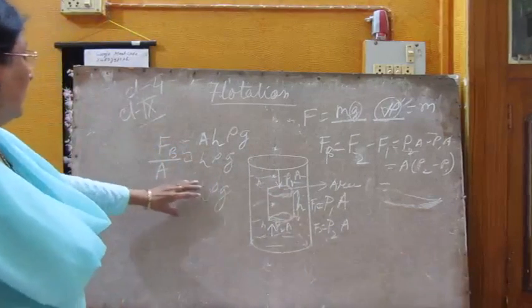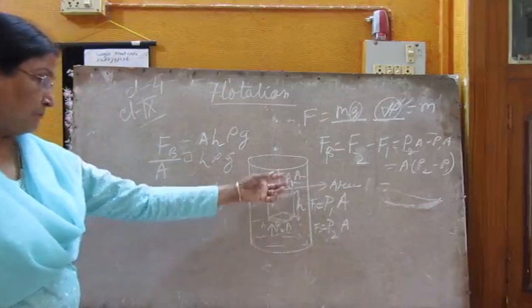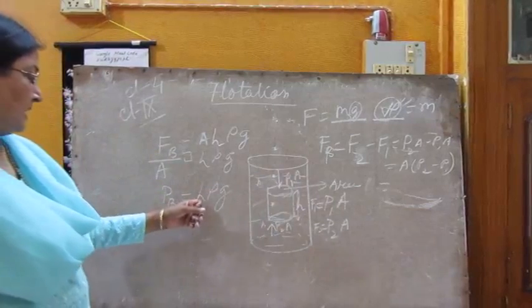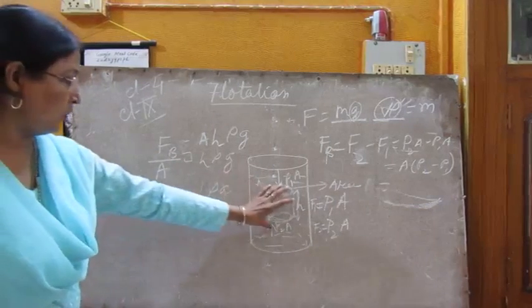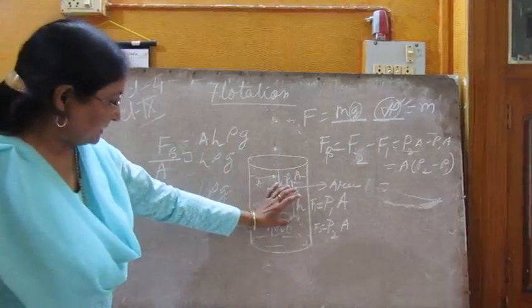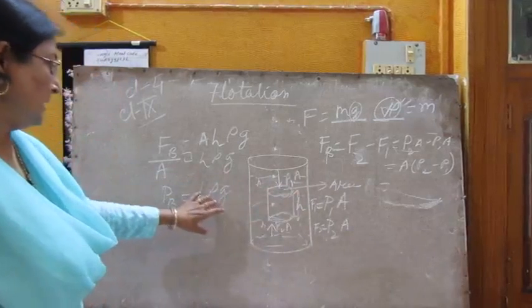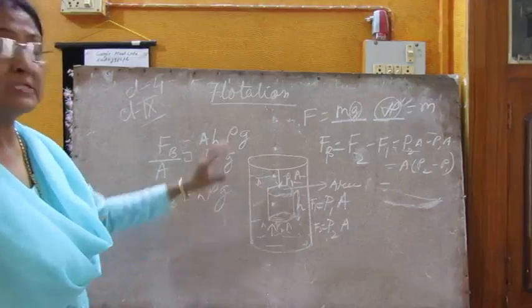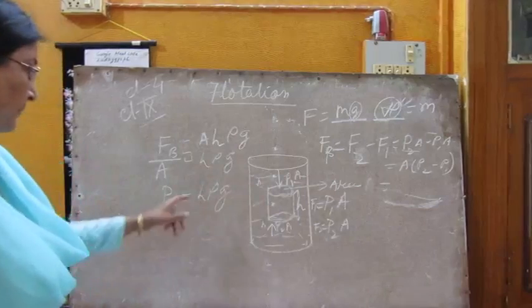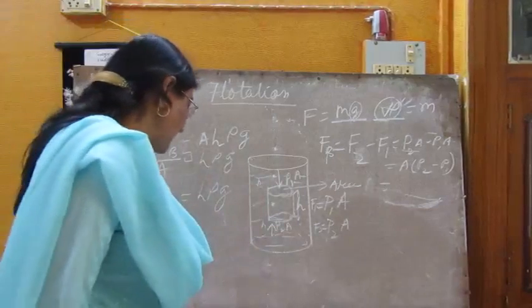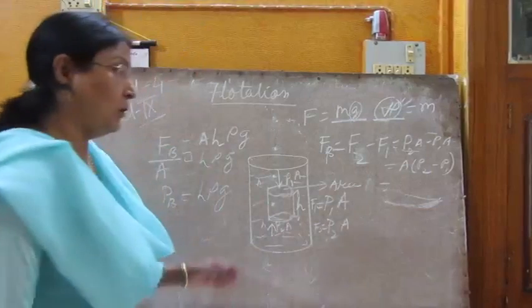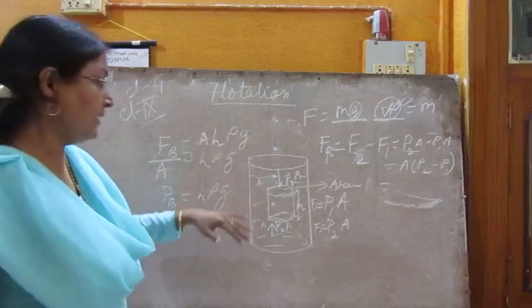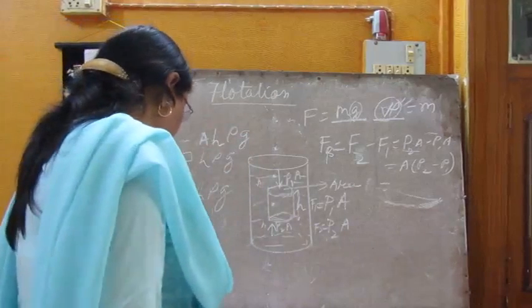This is how we define the pressure due to a liquid or fluid: it is the product of the height of the cylindrical object, the density and the gravitational acceleration. In this way we can define the buoyant force, and due to this force it will be decided whether the object will float or sink. And this is the Archimedes principle.